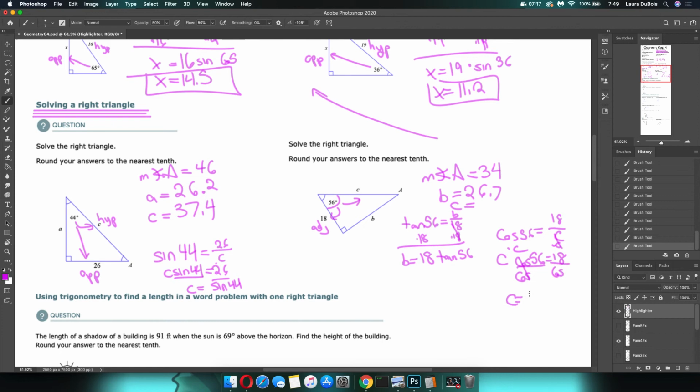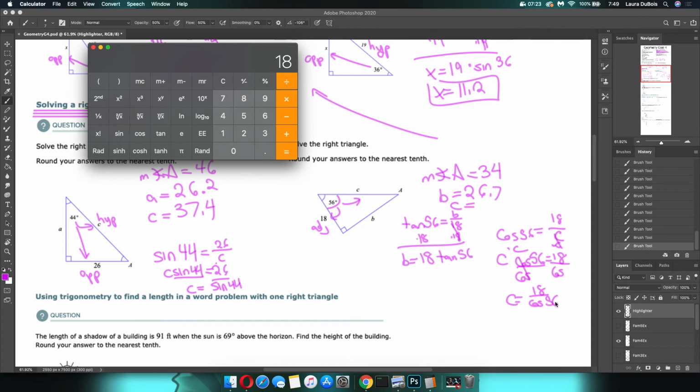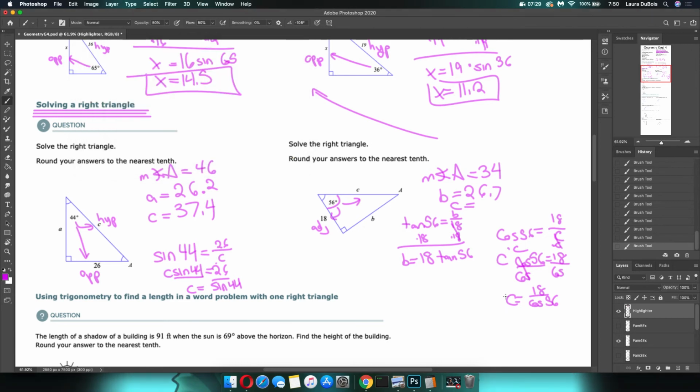So C equals 18 divided by cosine 56. All right, 18 divided by cosine 56 is 32.2. So C equals 32.2. So all you're doing is one really basic angle measurement and then two very basic trig functions.